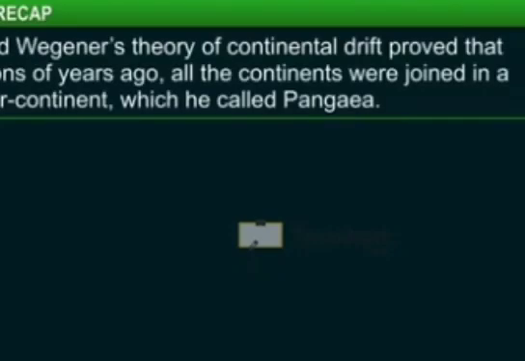Meanwhile, let's quickly recap what we've covered so far. In this module, you learned that Alfred Wegener's theory of continental drift proved that millions of years ago, all the continents were joined in a supercontinent which he called Pangaea.